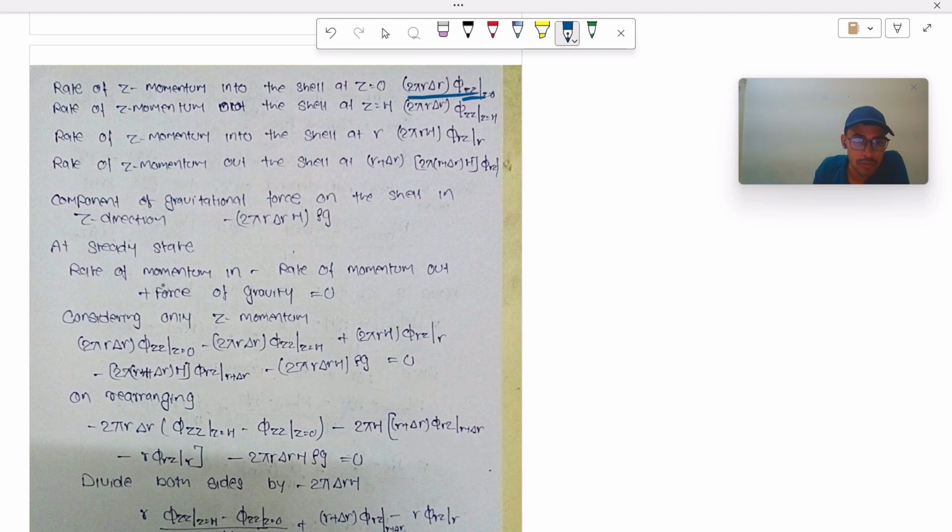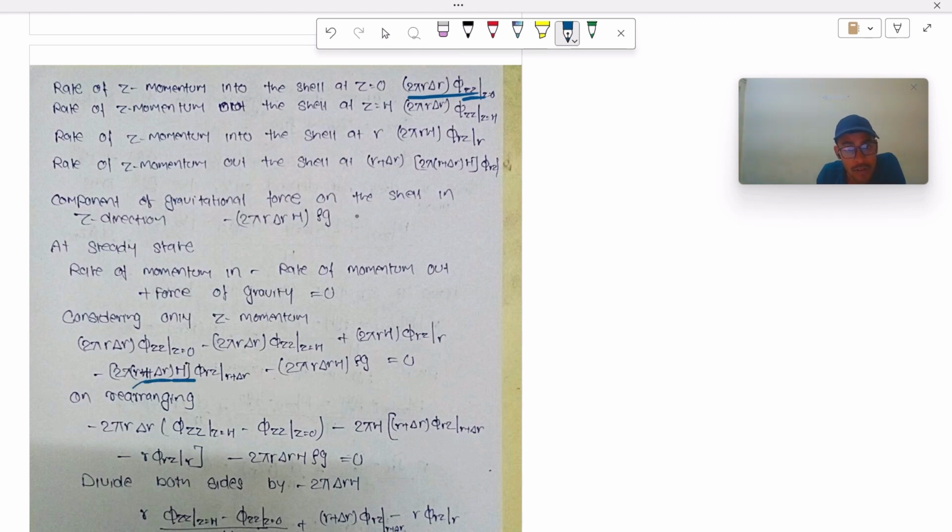So now putting all the values, that is rate of momentum in at z equal to 0 at r, which is given by 2 pi r delta r into phi zz at z equal to 0 plus 2 pi r h phi rz at r, minus rate of momentum out, that is coming out of the surface, given by 2 pi r delta r phi zz at z equal to h plus 2 pi (r plus delta r) h into phi rz at r plus delta r.